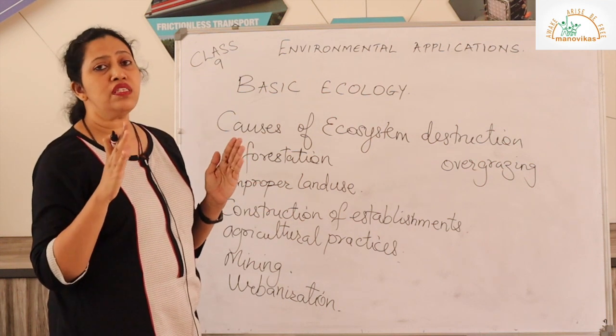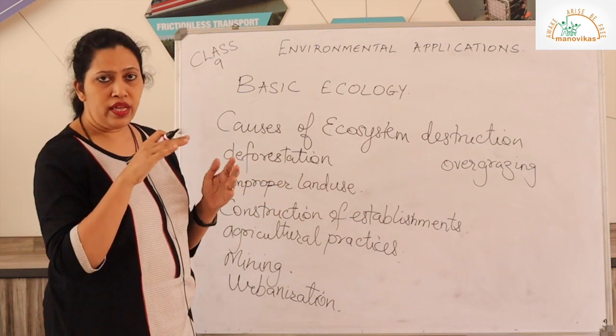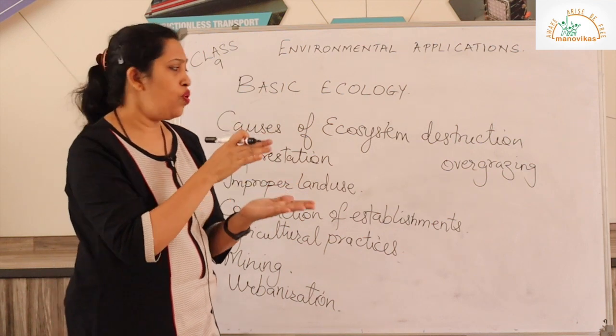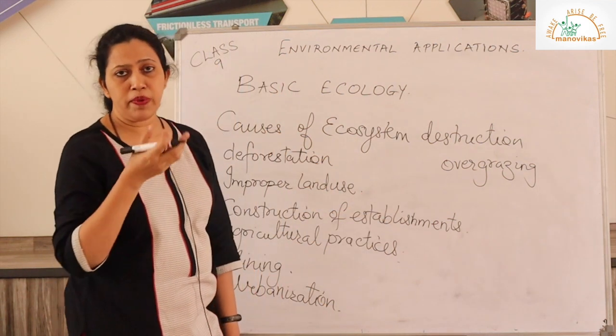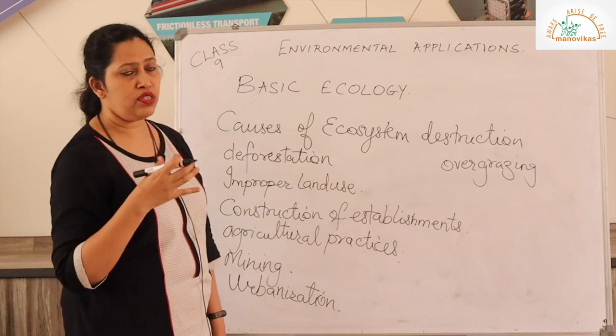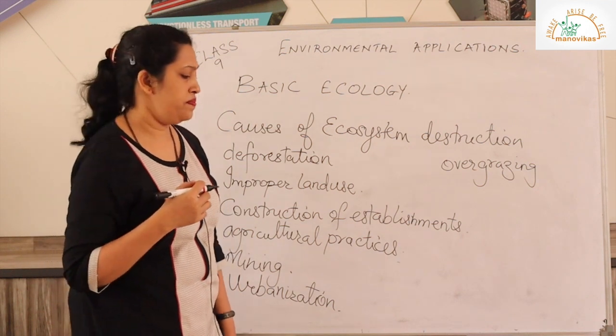The soil loses its water holding capacity because when the hooves are on the soil, they make the soil compact like this. So the air space is not there, the space for water is not there. So overgrazing is also a cause of ecosystem destruction.